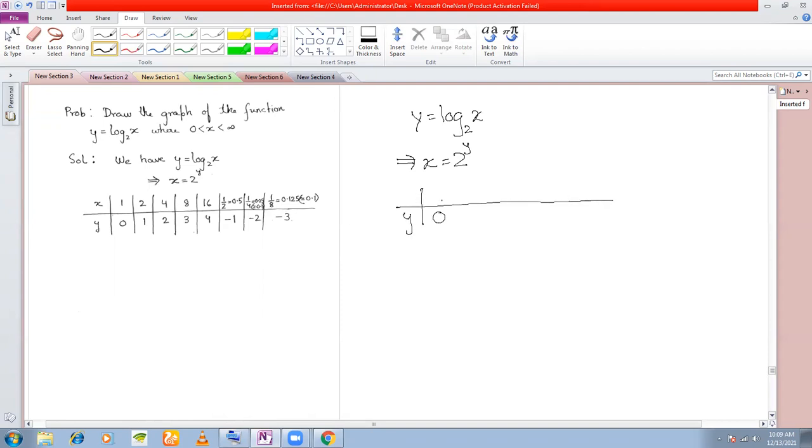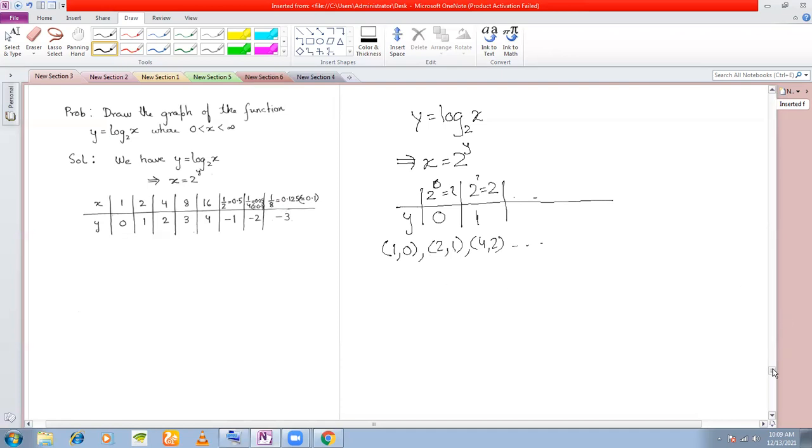If I choose y is equal to 0, I get x is equal to 2 to the power of 0, which is 1. And if I choose y is equal to 1, I get x is equal to 2 to the power of 1, which is equal to 2, and so on, right? So the points that I'm getting here are (1, 0), (2, 1), (4, 2), and so on.